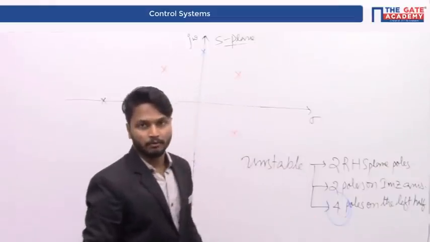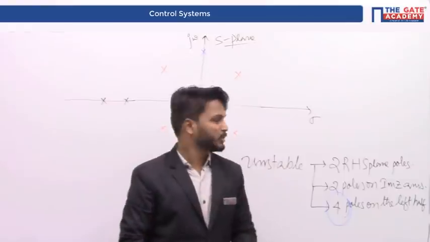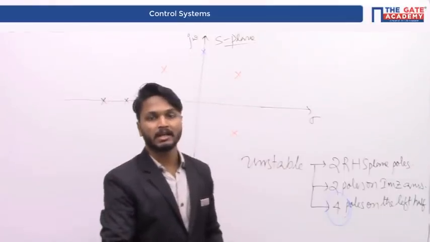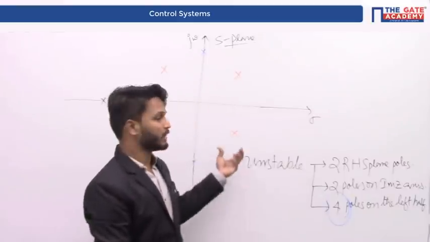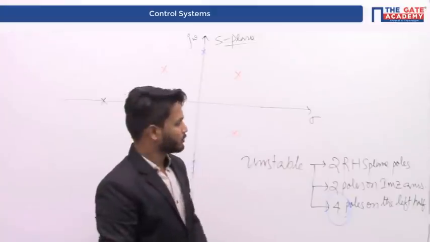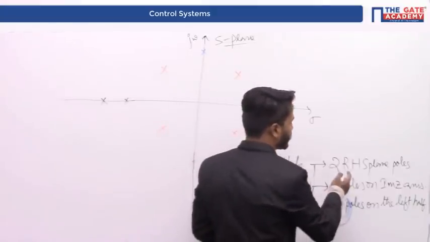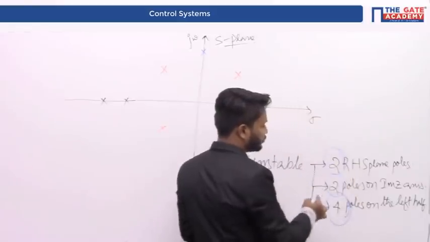They will be 4. And if it is an objective type or a fill in the blank type, you might be asked the number of poles on the j omega axis or the number of poles on the right half of S-plane. Whether it is the number of poles on the right half of S-plane or the number of poles on the j omega axis, it is 2.